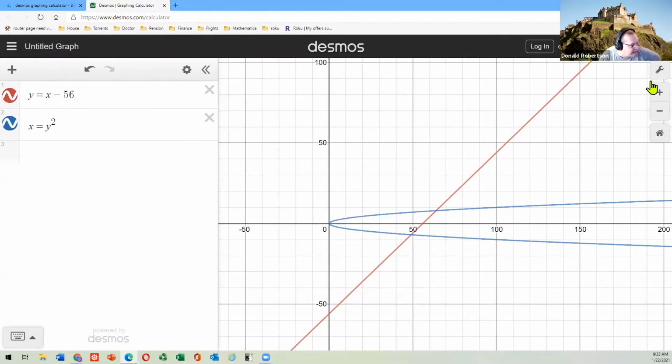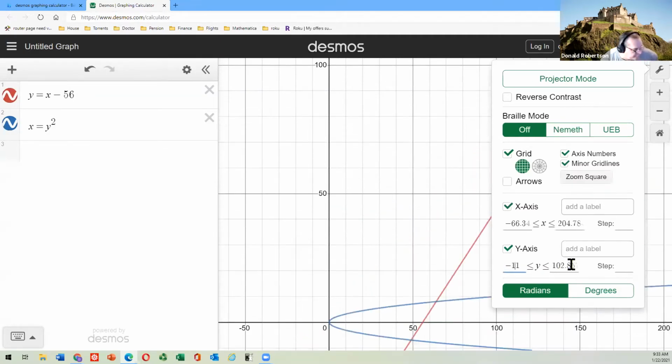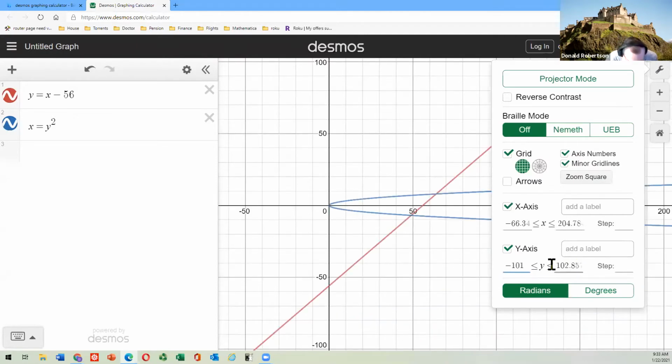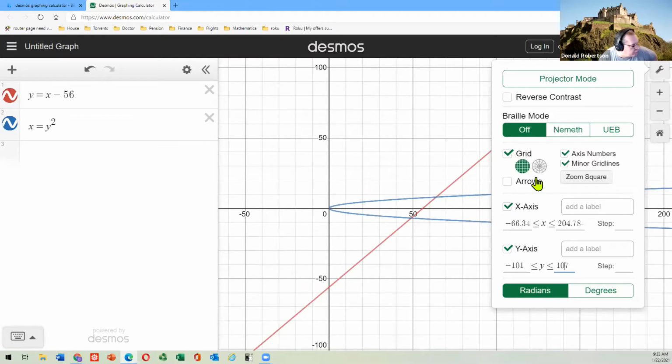That's 10. 10 to -10 on the y's. It's a little bit nicer. And on the x's, I don't think I really need to go much beyond, well, I want to see the y-axis, so I'll keep that.